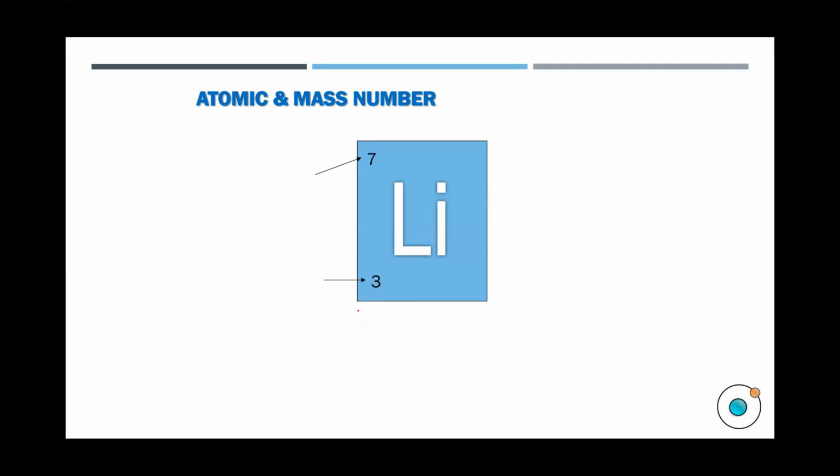Remember, if it has 3 protons, you guessed it, it's going to have 3 electrons as well. Remember those charges, the positive and the negative charges need to cancel each other out. So this is our atomic number, number of protons. And just a little note there, number of protons equals number of electrons.